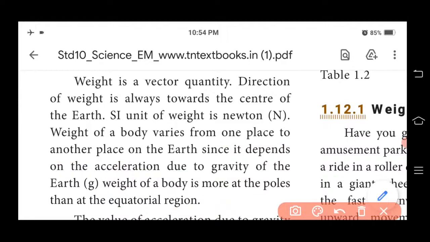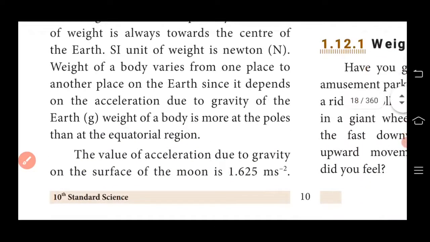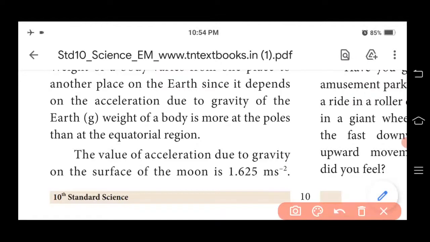So finally, the weight of the body is more at poles than at the equatorial region. Important one mark question. And then the value of acceleration due to gravity on the surface of moon is 1.625 meter per second square. This is also an important one mark question.